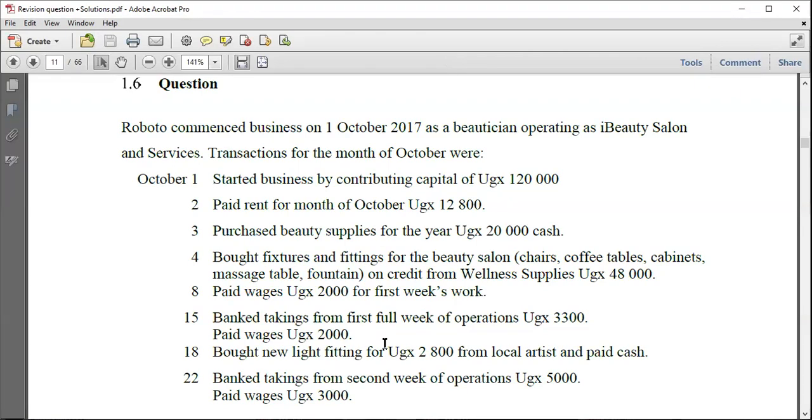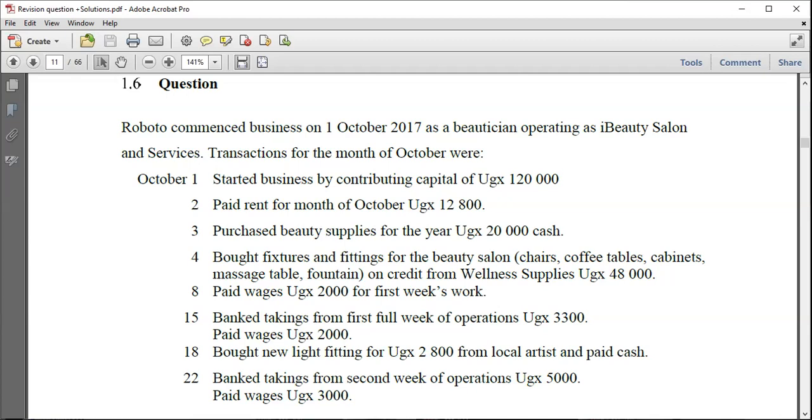Now, I'm going to use an Excel here. So before we go to where I'm going to calculate my question from, we can just try to run through the questions and brainstorm.